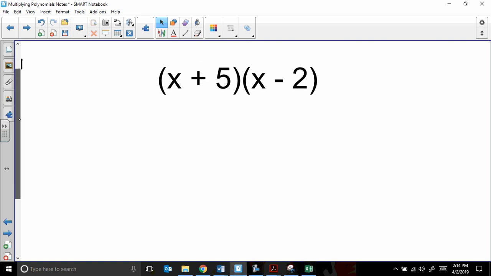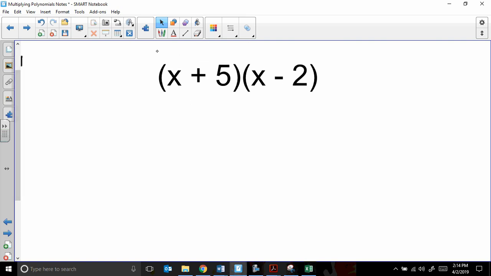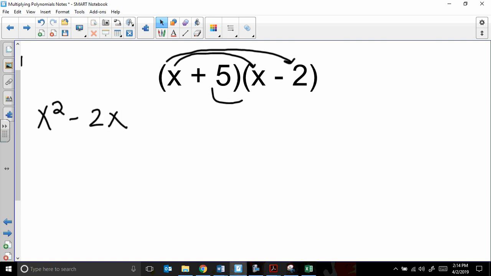Okay? All right, let's look at the next practice problem. And I'm going to do the distribution method first, and then we'll do the box method. So here, we're going to do x times x, which is x squared. And then we're going to do x times, now be careful, this says minus 2, so we want x times a negative 2, which is minus 2x. And then we're going to do 5 times x, which is a positive 5x.